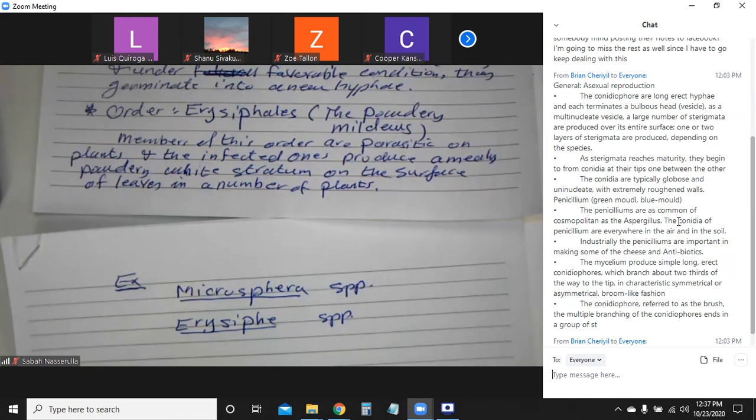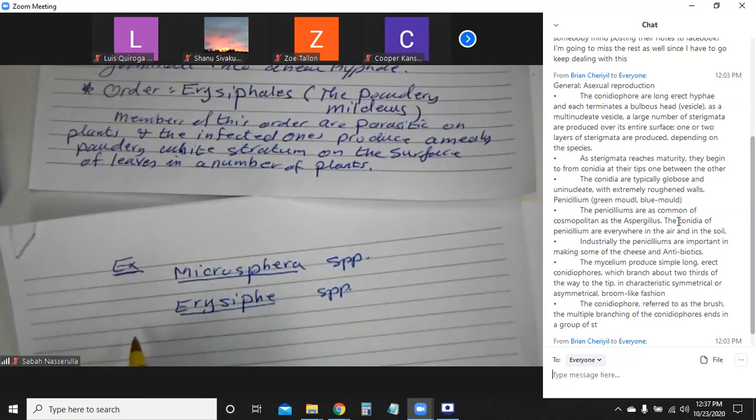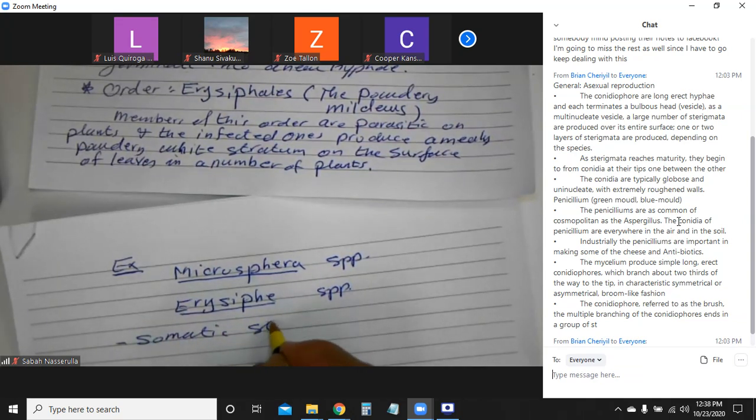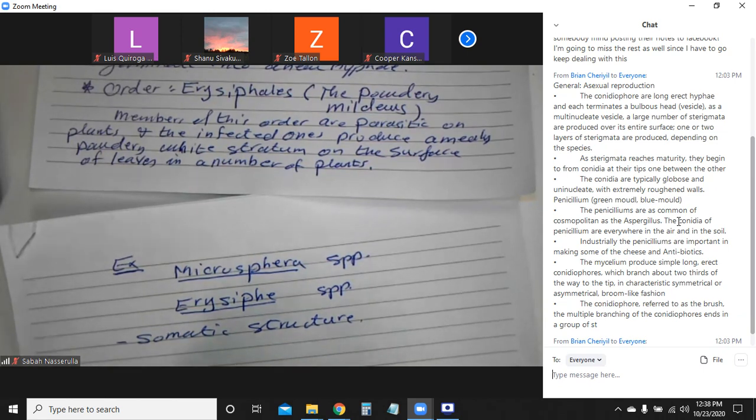Now, to talk at the beginning about this group's somatic structure or vegetative structure. Basically, the mycelium of this species is called an obligate parasite. Obligate parasite means we cannot grow the organism on a medium unless it has the host.